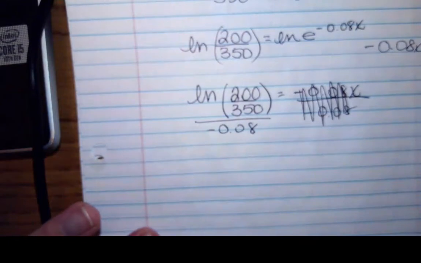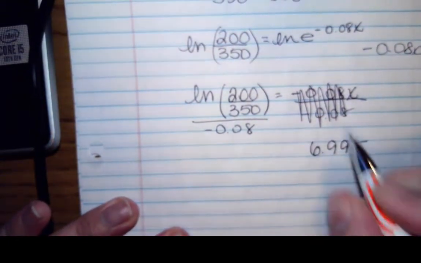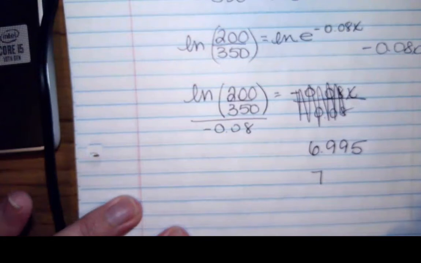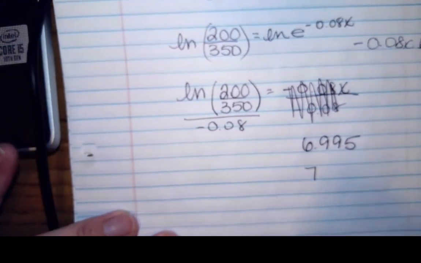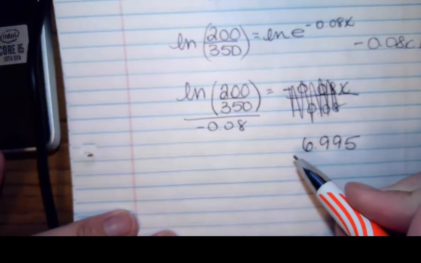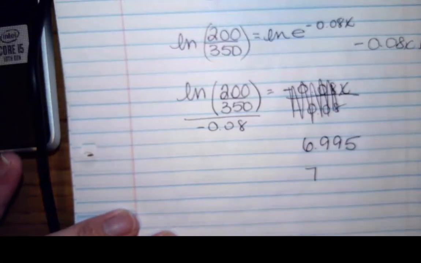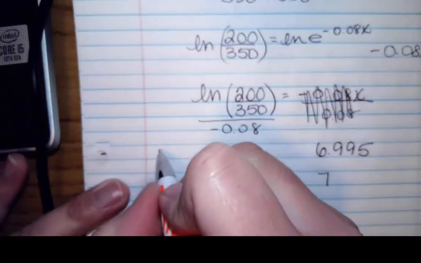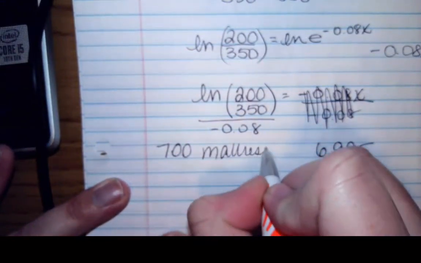Well, obviously we can't use 6.995 because that's a partial mattress, so I'm going to round that up to 7 mattresses. That 7 is going to be important in just a second. But remember that we're dealing with hundreds of mattresses. So for your answer for the first one, we found an answer of 7, but remember that represents 700 mattresses.